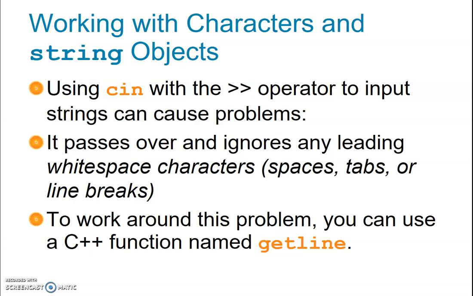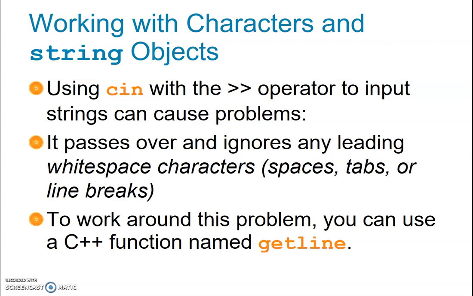If I enter my first and last name, it stops at the first name, and when it sees the next white space, it thinks it's done. Now the white space gets stuck in the buffer, and we talked about that idea of the buffer back in the last chapter when we were talking about the endl and the \n. That extra space gets caught in the buffer, and my last name then ends up sometimes where it doesn't belong. So we need to overcome that idea of the white space.